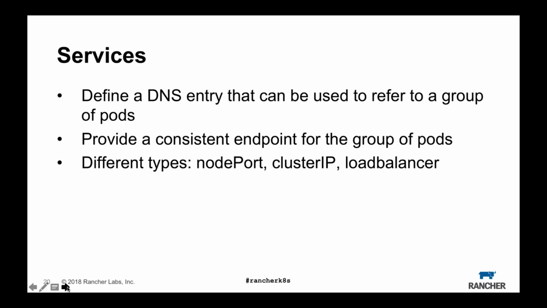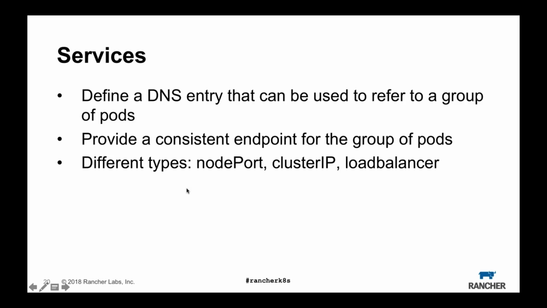So that way we just route to a service. A service is going to have a pod selector saying these pods with this label are what I'm managing, and then it'll be able to route internally to there. So this is just providing us with a consistent endpoint for the group of pods.